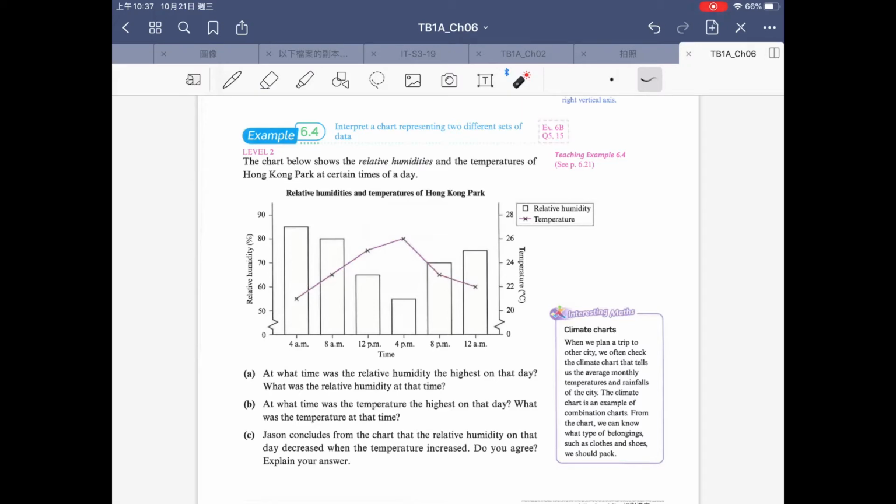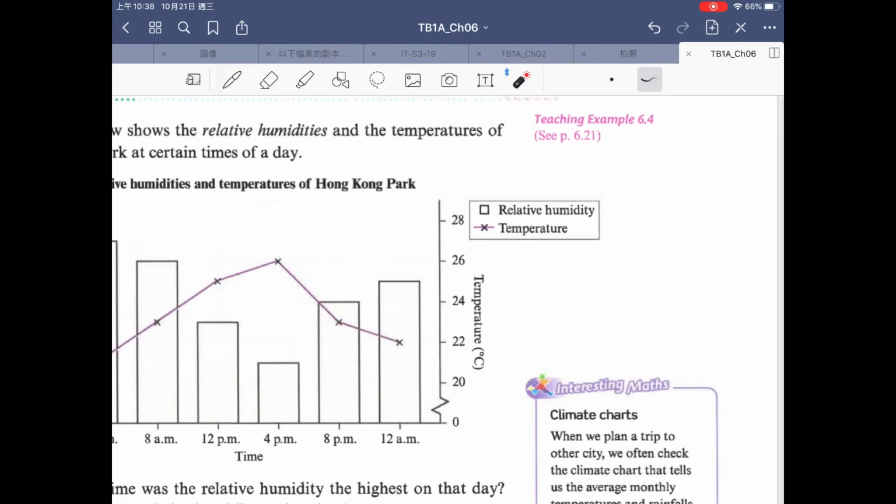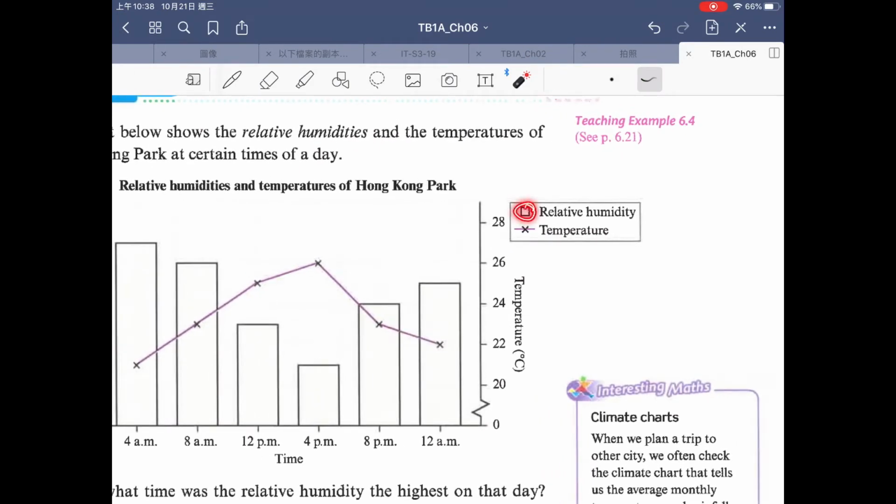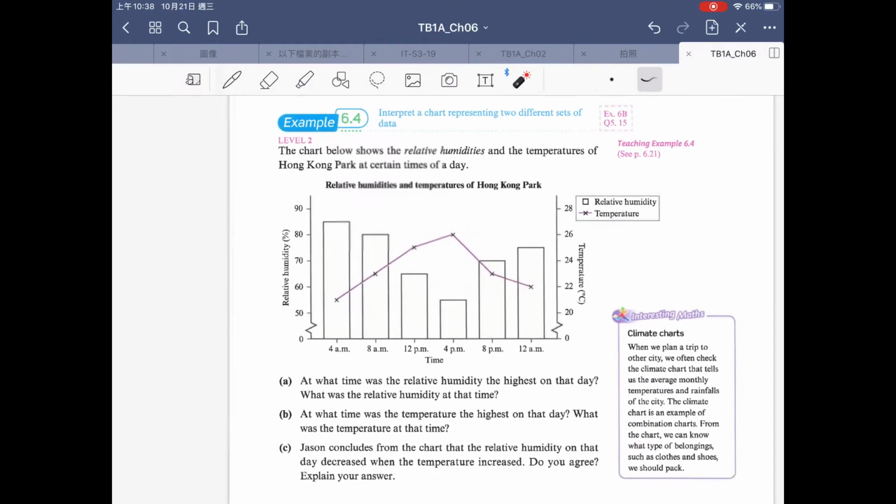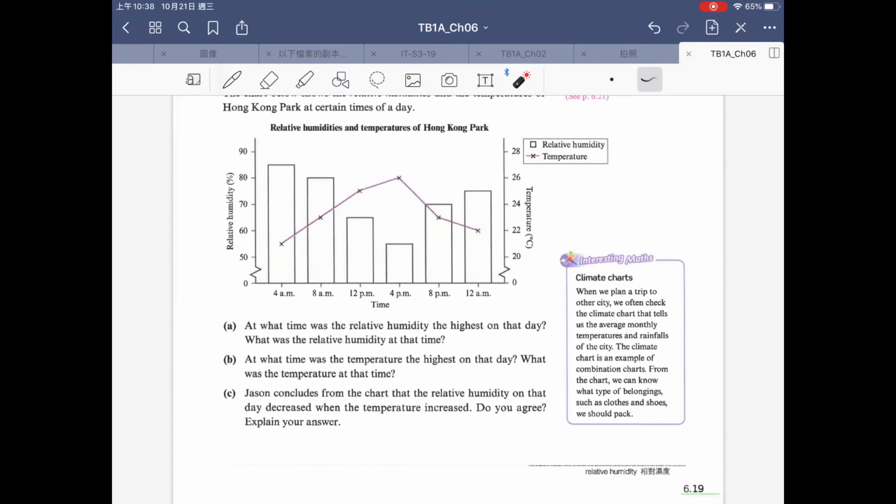Here is a combined chart, and look at this label. Bar chart is the humidity, and broken line graph is the temperature. From 4 a.m. to 12 a.m. over this time period, the change of humidity, bar chart, and the change of temperature, broken line graph.